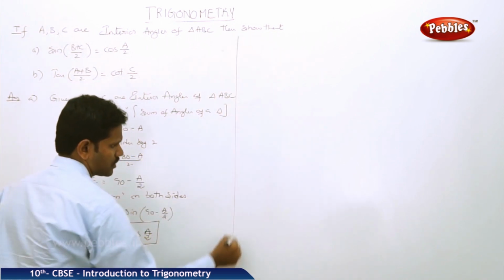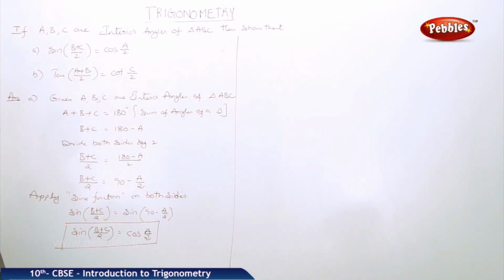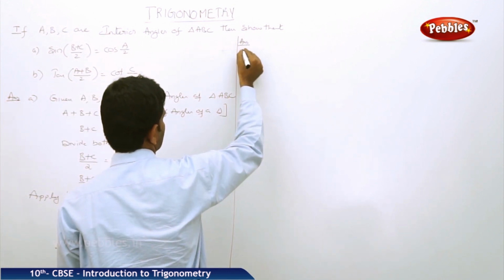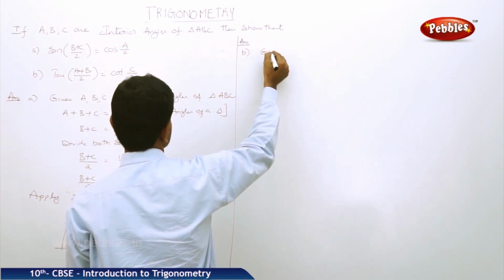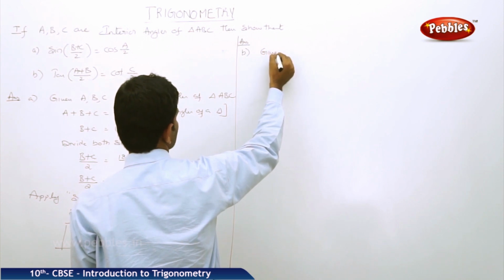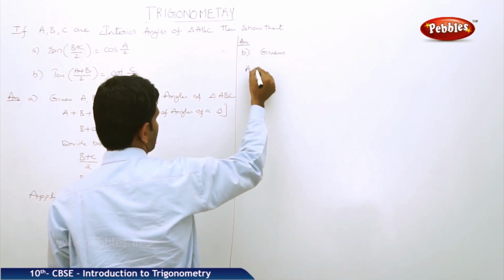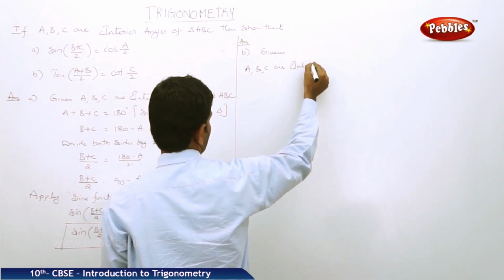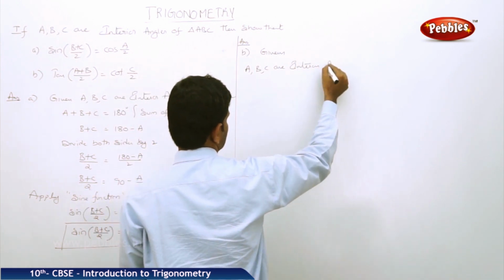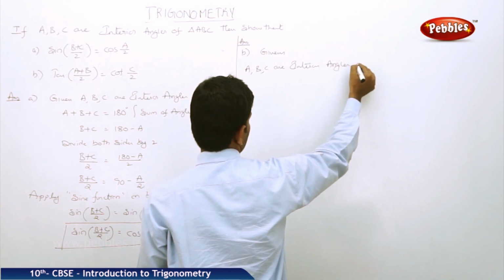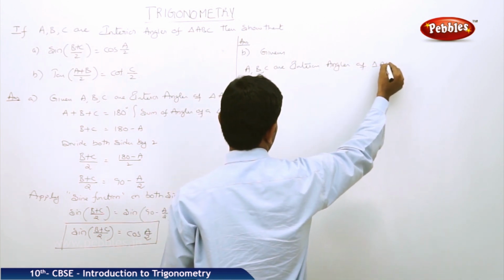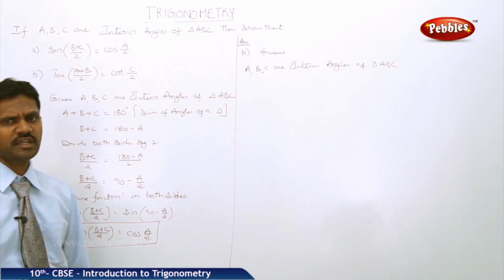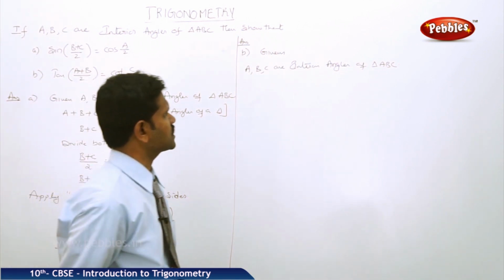Similarly, follow the second condition with the same procedure. Answer: given A, B, C are interior angles of triangle ABC.